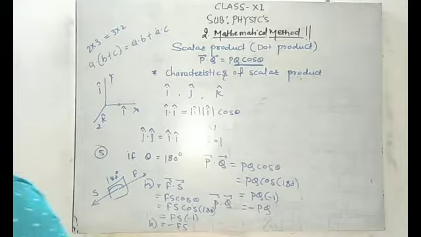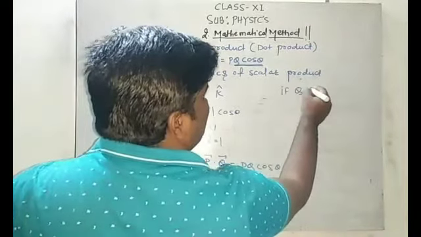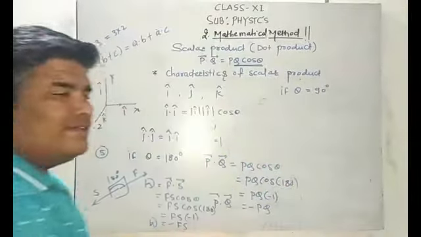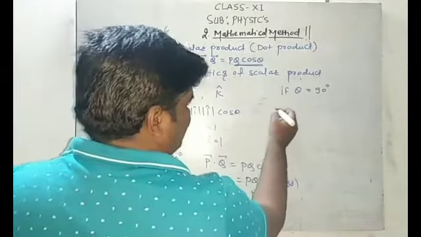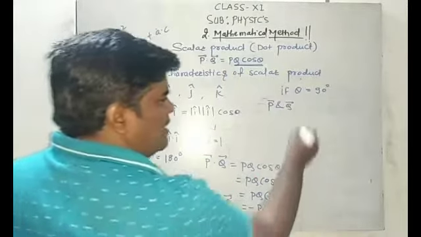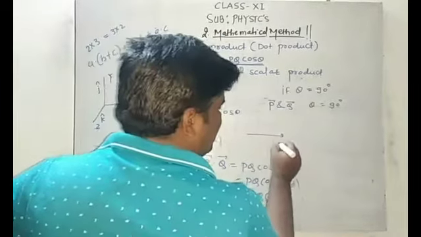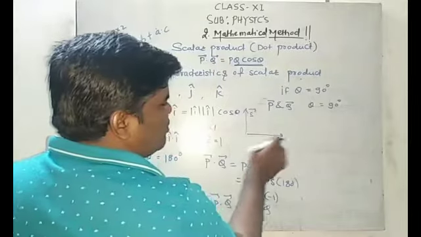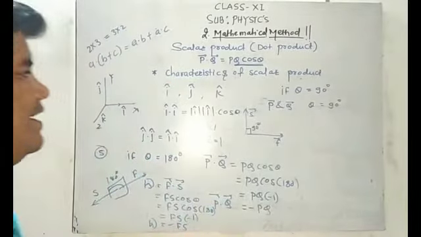So next, if theta is equal to 90 degree, what happens? If P bar and Q bar are two vectors and the angle between them is 90 degree, means force is in this direction and displacement is in this direction, so the angle between these two quantities is 90 degree.